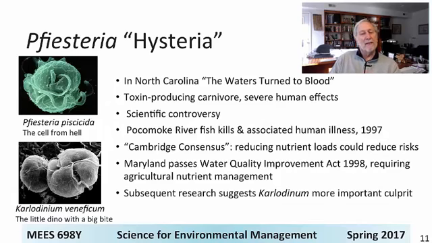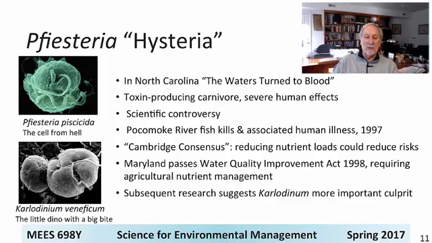So in the 90s, there was a widely publicized set of findings by Joanne Burkholder, a scientist at North Carolina State, that there were these dinoflagellates that had a very complex life history that were enhanced by eutrophication and degradation of estuarine systems, and they would occasionally explode.